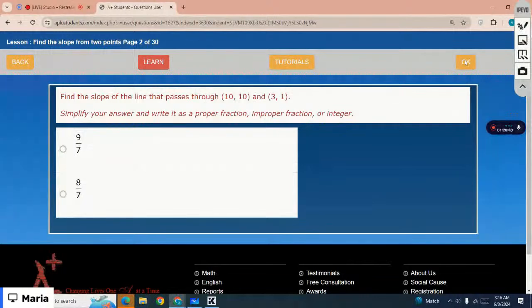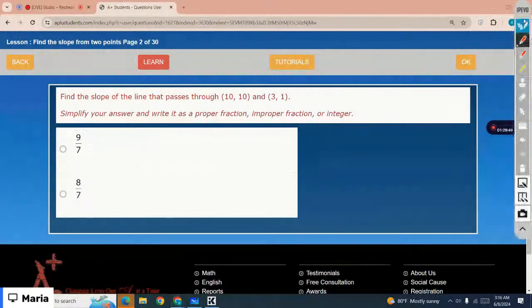So you are given two of the points. They are 10, 10 and 3, 1, right?